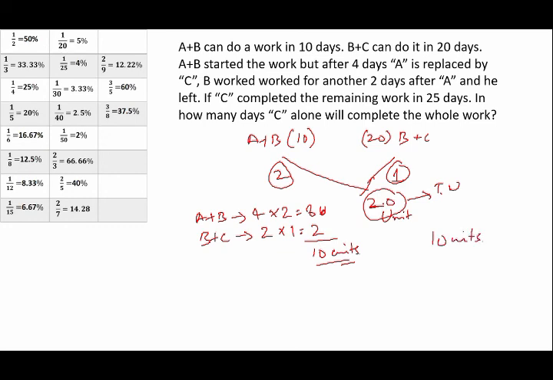We know that 10 units of work was done in 25 days. So in order to complete the total work, which is 20 units, it would have taken 50 days for C to complete it.